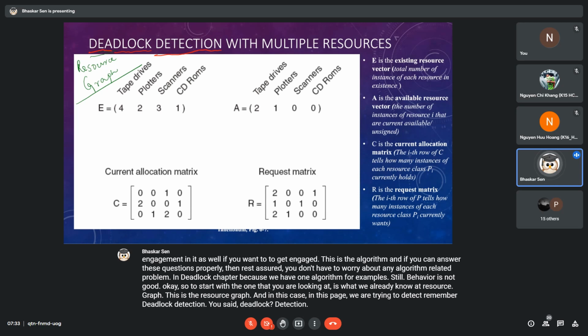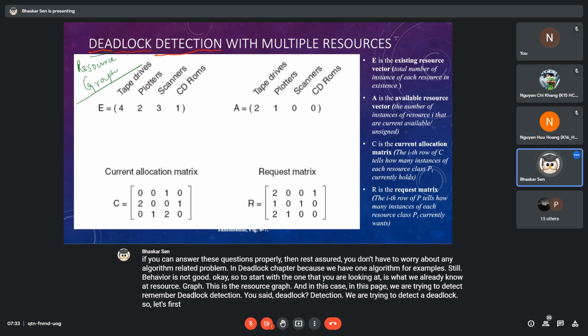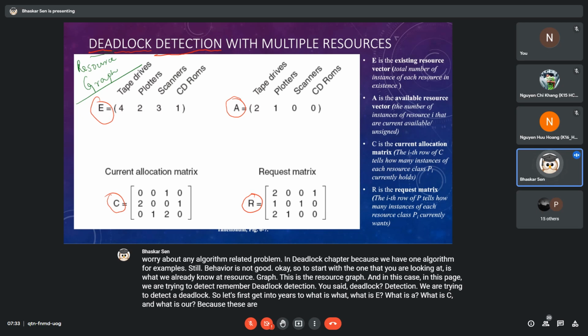We are trying to detect a deadlock. So let's first get introduced to what is what. What is E? What is A? What is C? And what is R? Because these four letters you'll have to remember.